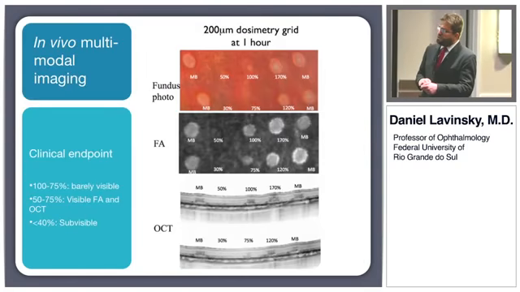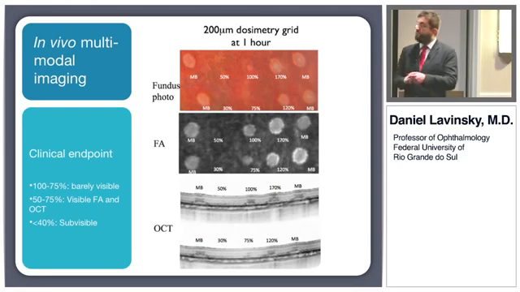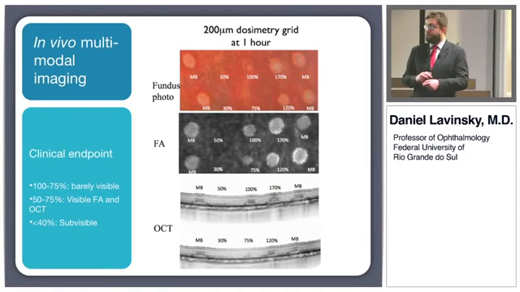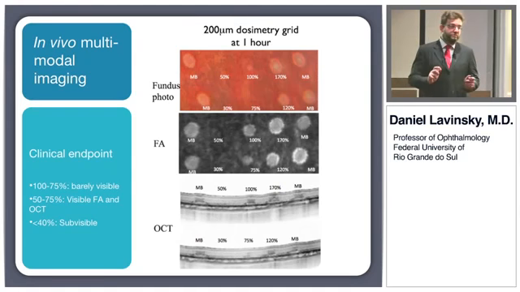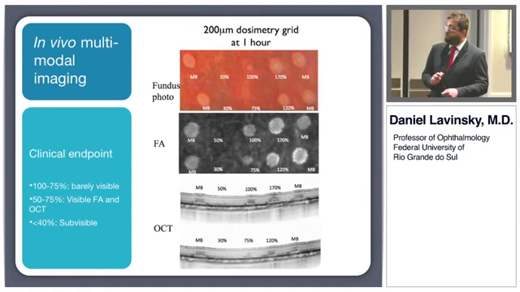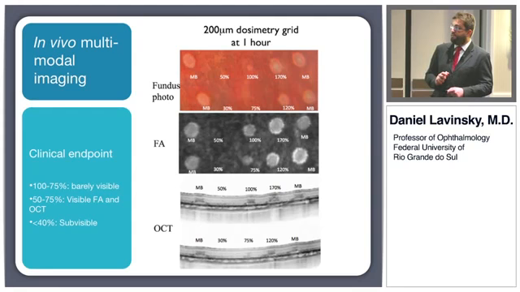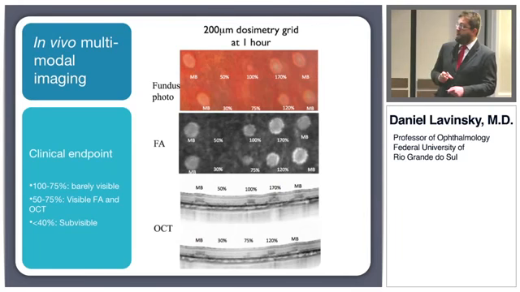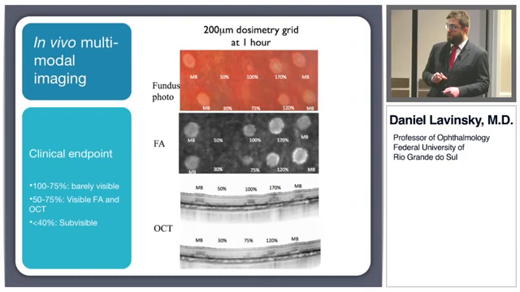So then we treated. This is the 100% burn, barely visible clinically, clearly visible on FA and OCT. So with this we don't miss. Then when you go to 75, 50, and 30, we decrease our threshold, so we only see them as FA or OCT positive, then only OCT positive.